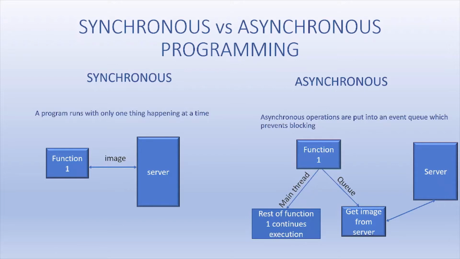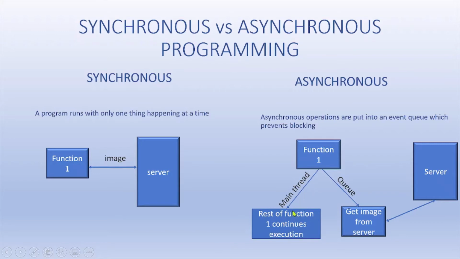So function 1 begins execution on the main thread. When the line of code is encountered that requires the image to be returned, and provided that instruction or line of code is encapsulated within an asynchronous method, right, that instruction or line of code is moved onto the queue. And the rest of function 1 continues execution on this main thread.